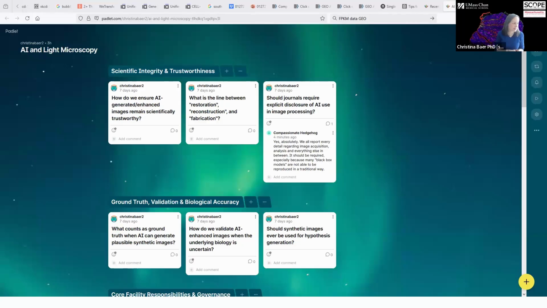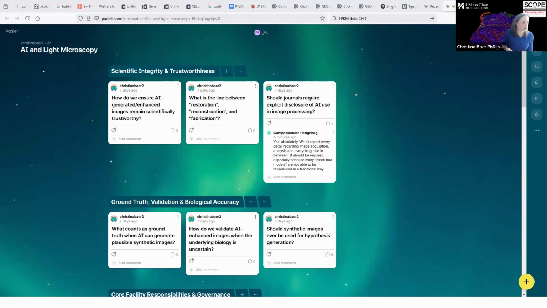Sounds good. So as we talk about image acquisition and ensuring the fidelity of image acquisition, we all know as microscopists and imagers and data generators that the actual acquisition of the data at the microscope is only the first part of what we do with the data. So I think we can start to talk a little bit about the impact of AI on data processing, right?